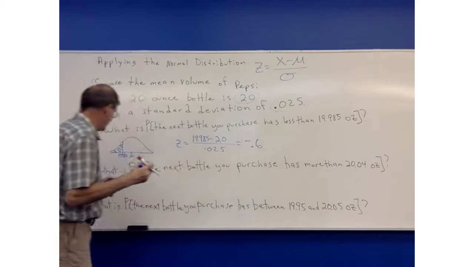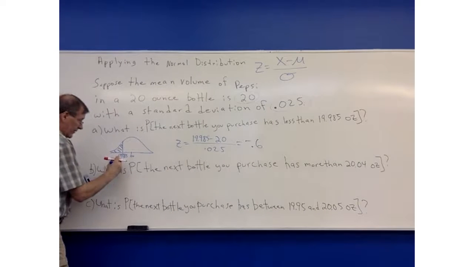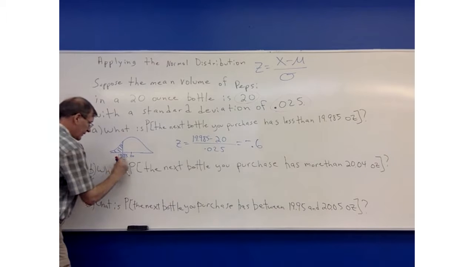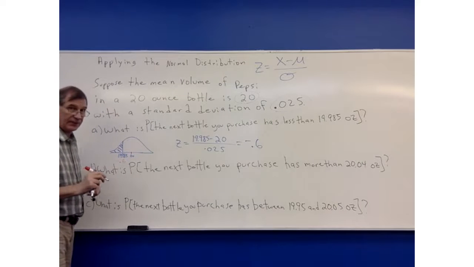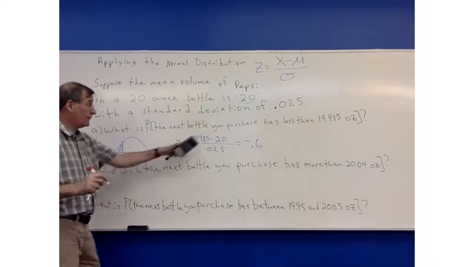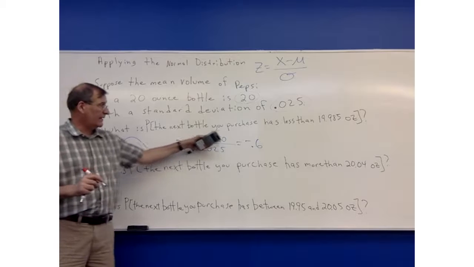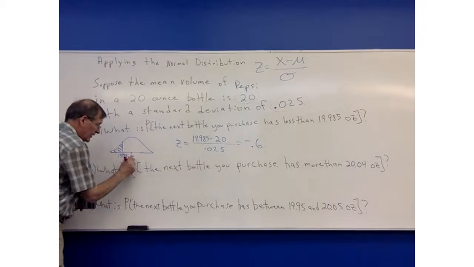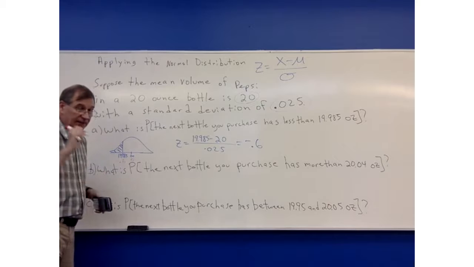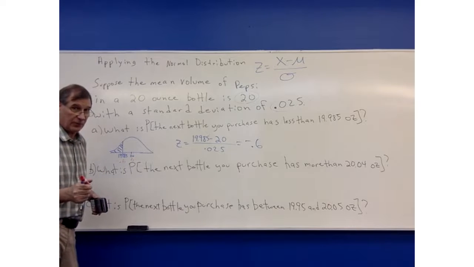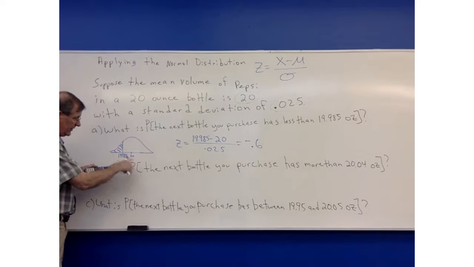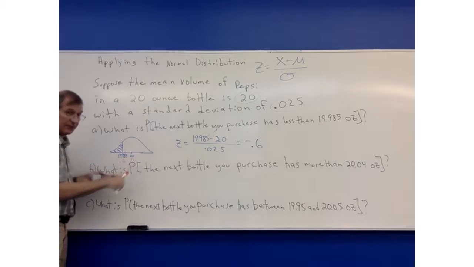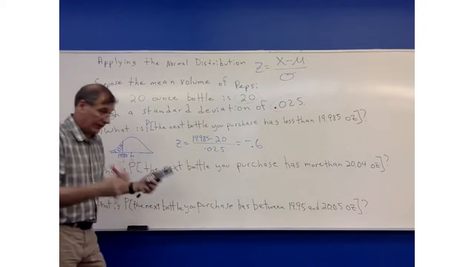Okay, what that means is this value is equivalent to, and I'm going to change colors, I'm going to make this red, negative 0.6. That's the z value of negative 0.6 on the z table. What would happen if we plug in 20? 20 minus 20 would be 0. Wasn't 0 the mean of our standard normal distribution? This 20 represents 0. This 19.985 represents negative 0.6 on our z-table. So we look it up.